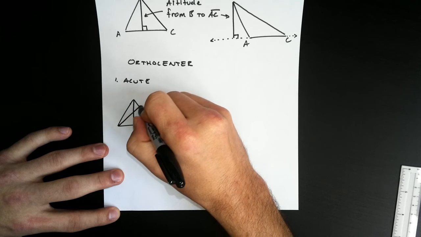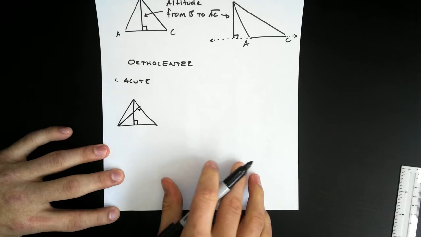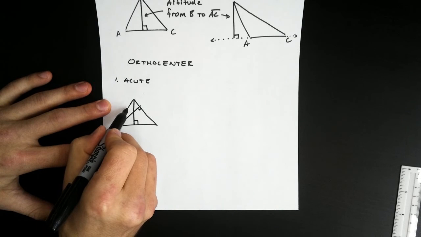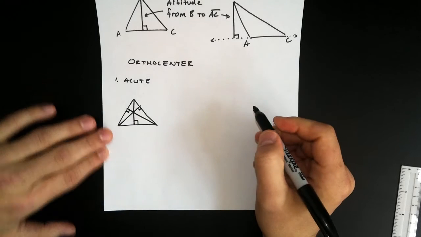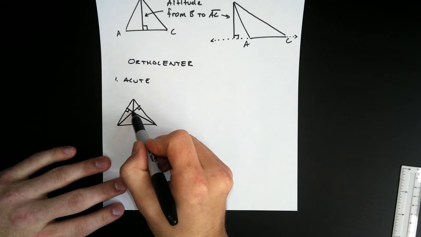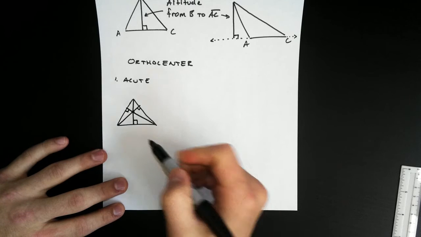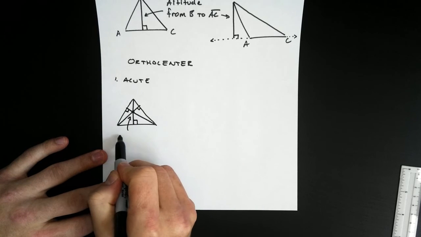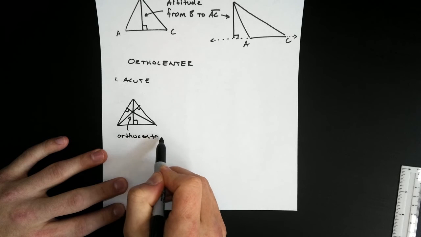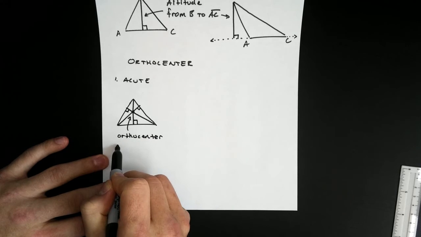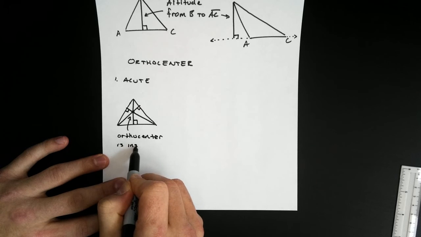Here we'll go straight over, making a right angle there. And then our last one, right angle like that. So then that point of intersection on the inside of the triangle, that is the orthocenter. So I'll make a little note. So the orthocenter is inside.